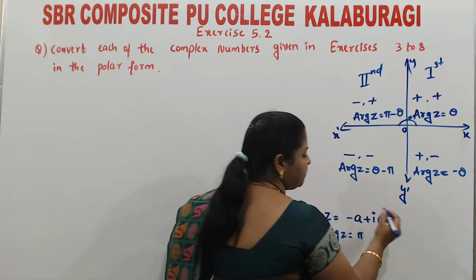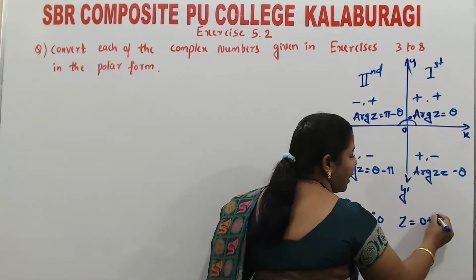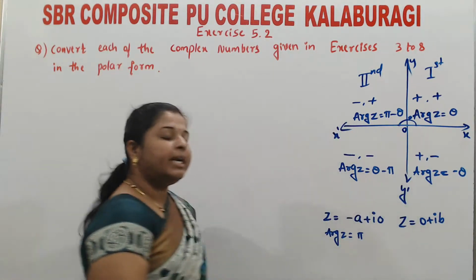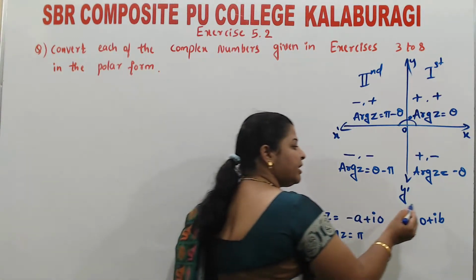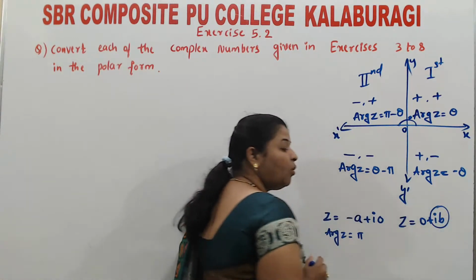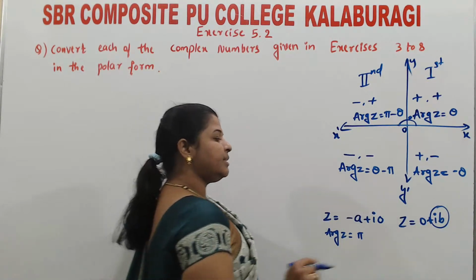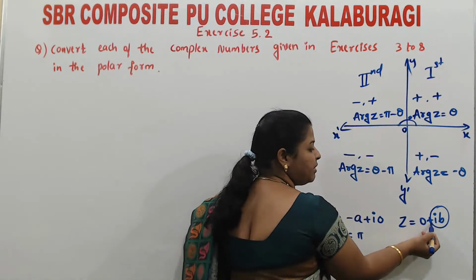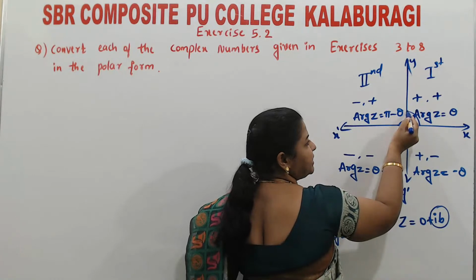Suppose if they give z is equal to 0 plus i into b. Only the imaginary axis is there, right? Real part is 0. If the imaginary value is positive, the argument of z or angle exists here.